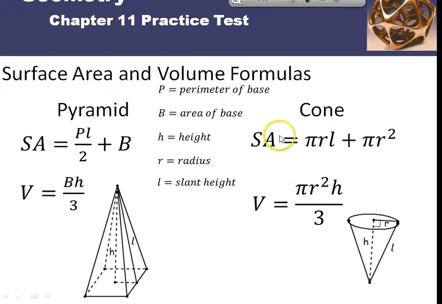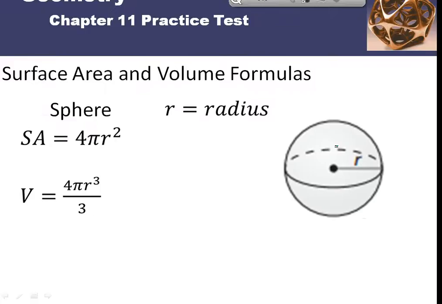So make sure in your notes that you change this to say cone right here, and that you change the surface area formula. It shouldn't be over 2, it should just be like it is, pi RL. Okay? Good? And then here's a sphere.